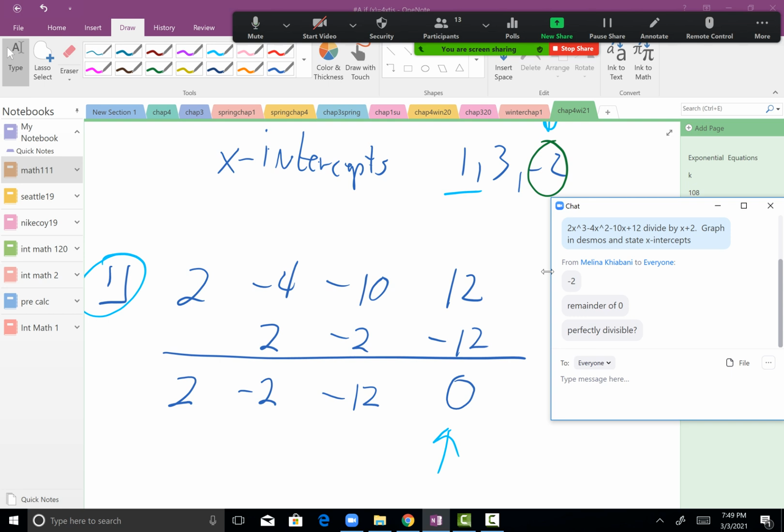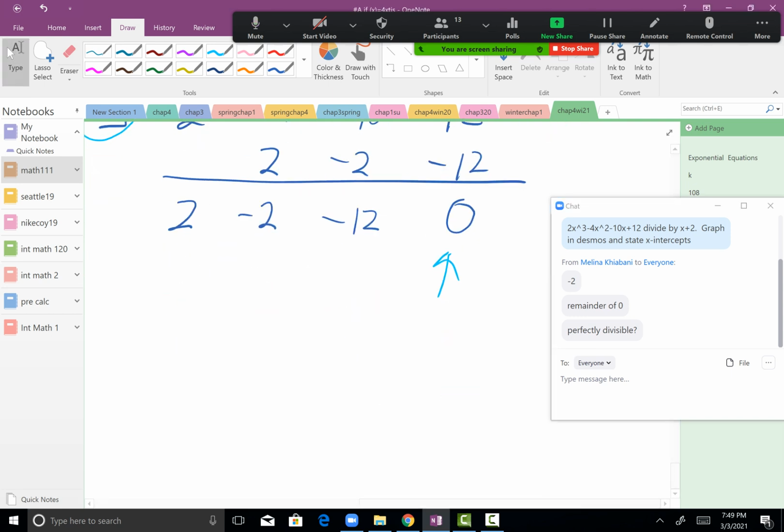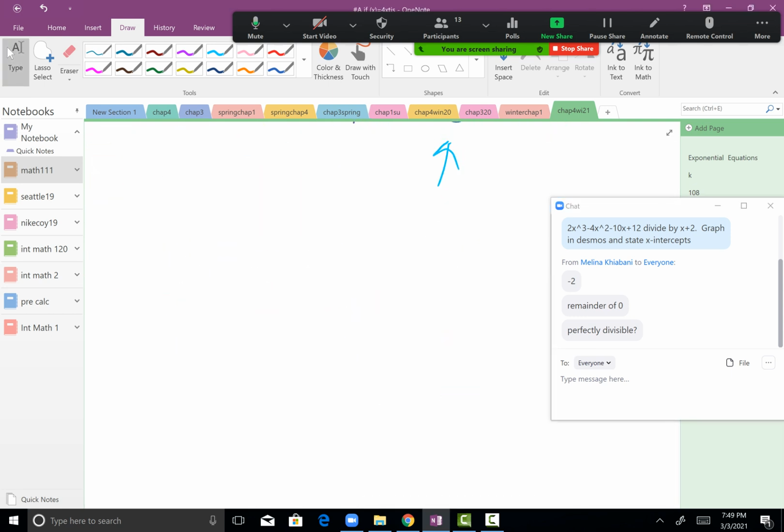Exactly right. Okay, so when you divide by something and you get a remainder of 0, that means that number is a solution or x-intercept.